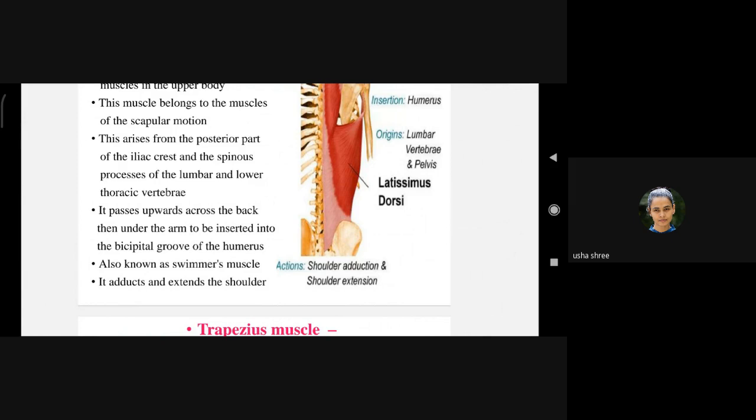The main movements for swimmers are adduction, abduction, and rotation of the shoulder. They rotate or adduct or abduct the hand, because with their hands they cut the water and go ahead. For adduction and abduction, this muscle is the most helpful. That is why it is known as swimmer's muscle. Is it clear? Yes, ma'am.